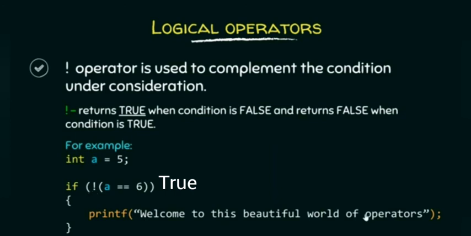Overall this condition evaluates to true, and finally we would be able to print the statement, Welcome to this beautiful world of operators. If we place an equal to operator instead of not equal to, then the condition evaluates to true and the NOT operator makes it false finally, and we would not be able to print the statement. This is very simple to understand.